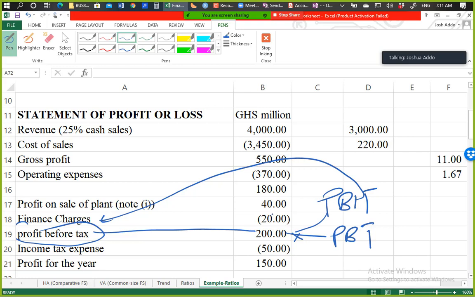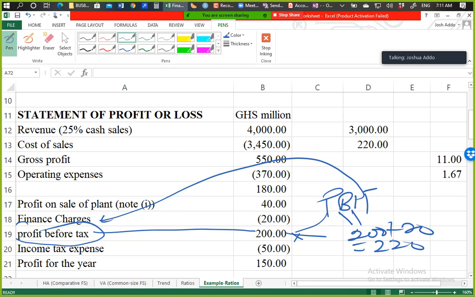So we add the interest we have charged back so that it becomes before interest. Are you okay with that? So that will be 200 plus 20, which is 220, like he said. So this is profit before interest and tax.